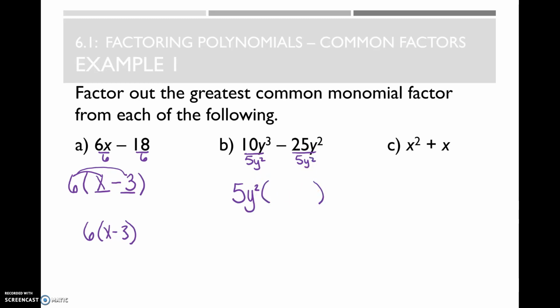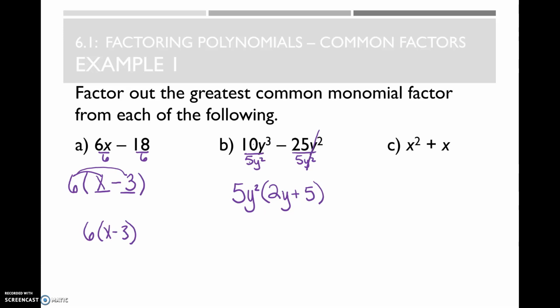So 10 divided by 5 is 2. Y to the third divided by y squared would just be y. Negative 25 divided by 5 is positive 5, and we're taking out that y squared.